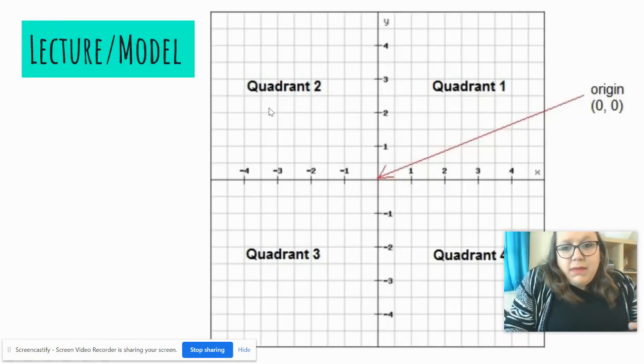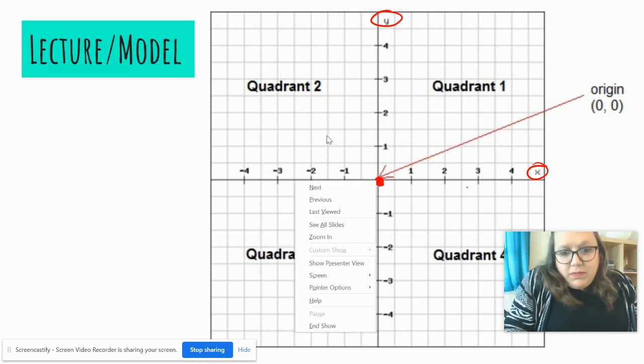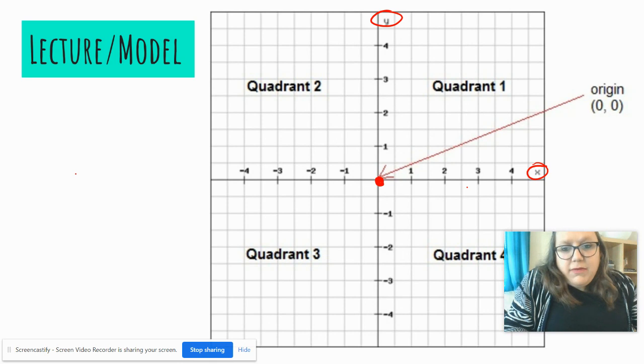As you remember, there are four different quadrants. We have our x-axis, which goes horizontal, and our y-axis, which goes up and down, and they cross at the origin, which is (0, 0). Our first quadrant is all positive.